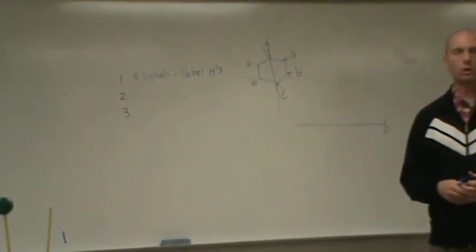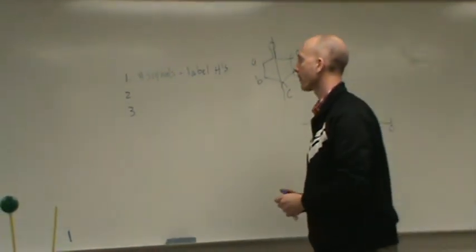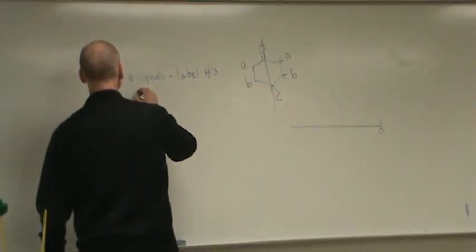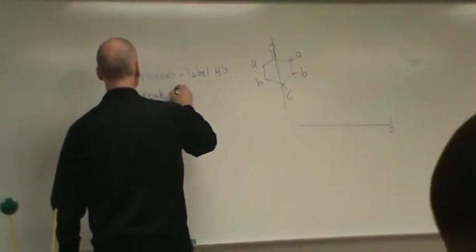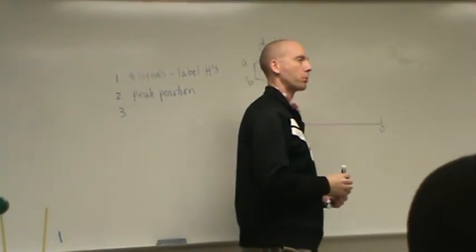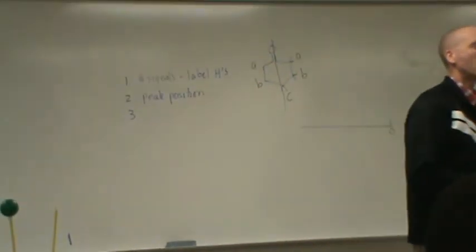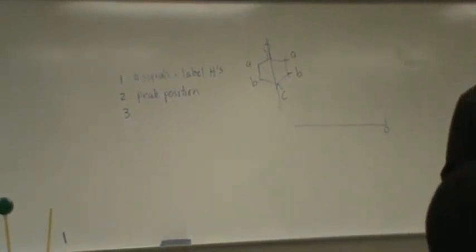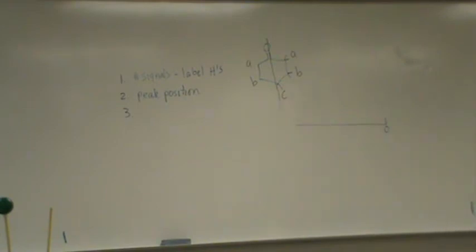What do you think the second rule we're going to use? Peak position. What are we going to ask here? Upfield or downfield? Which peak is going to be most upfield? A, B, or C? C. Why C?